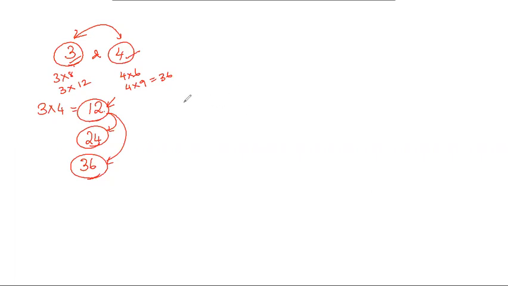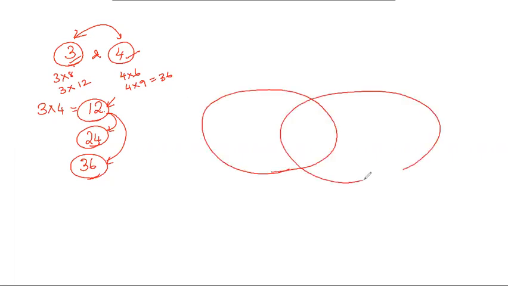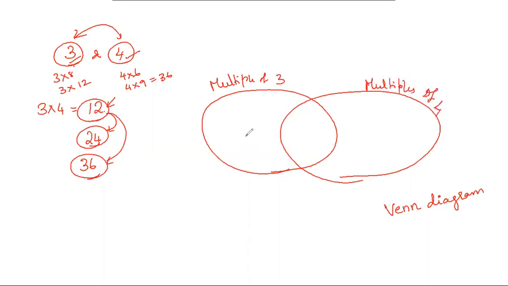When we do this as a Venn diagram, you will be even more clear about this. What is this? Putting it in circles and grouping them together, you call this a Venn diagram. Which helps us group things together. So here I'm writing multiples of 3. And here the multiples of 4. So now you tell me, what should I write in this individual space and what should we write in the common space?